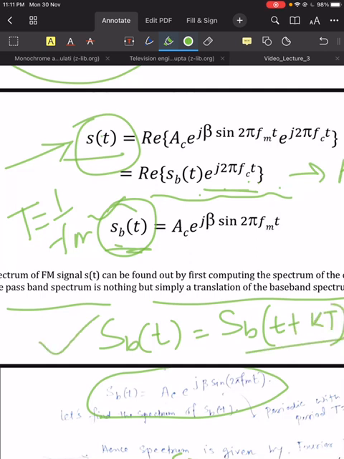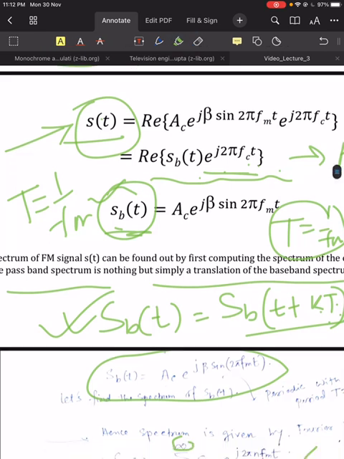You can check that this is satisfied for any k, where T equals 1 by f_m. So s_b(t) is a periodic function with period T equal to 1 by f_m.